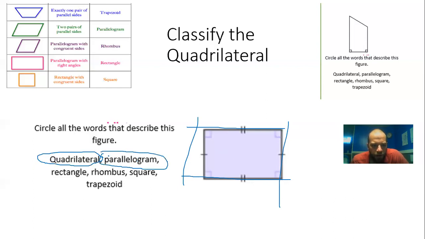Now, whenever I go to parallelogram, I like to cross off trapezoid, because trapezoid is the opposite. Well, not the opposite, but if you're a parallelogram, you cannot be a trapezoid. A trapezoid specifically says you can only have 1 pair of parallel lines. So that's definitely not a trapezoid. You cannot be a parallelogram and a trapezoid.